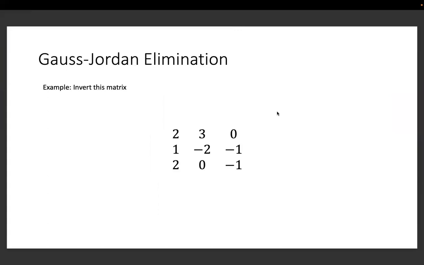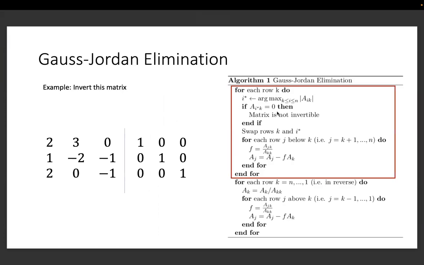For example, in the Gauss-Jordan elimination, we have this matrix, and we want to compute the inverse of this matrix. So at first, we concatenate the identity matrix to this matrix that we have here. And then we have the for loop at first, and then we apply each step to this input to the algorithm.